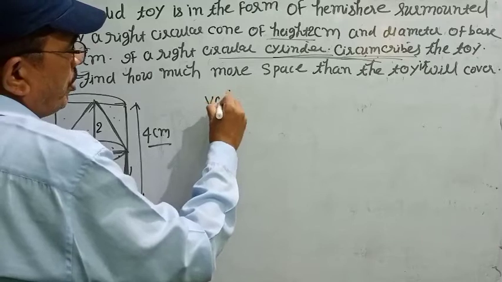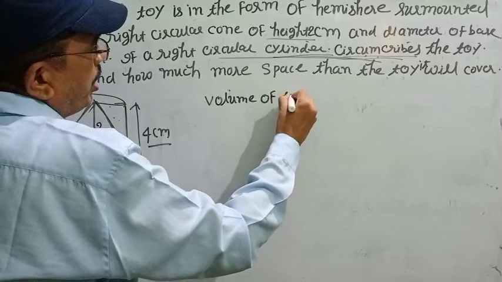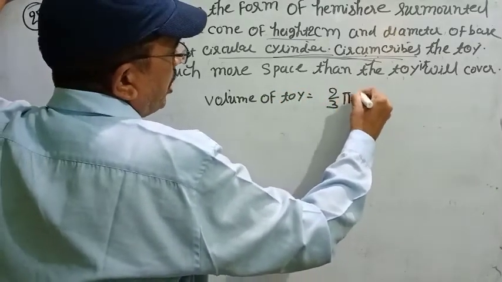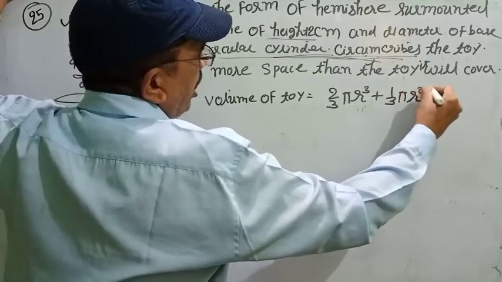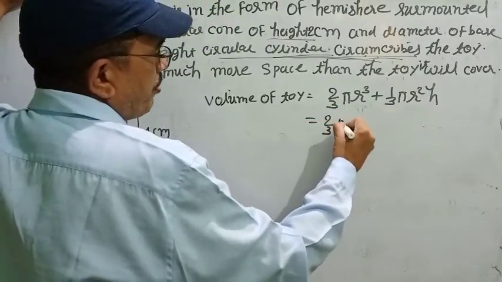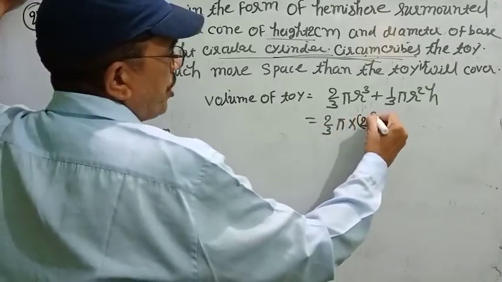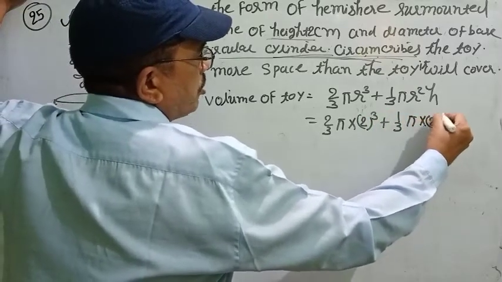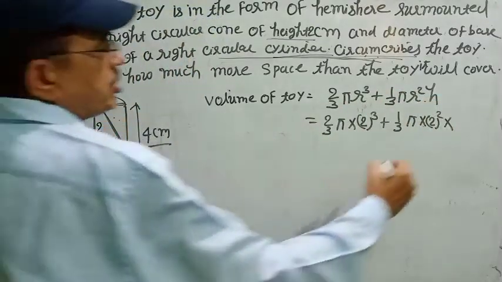Volume of toy is equal to 2 by 3 pi r cube plus 1 by 3 pi r square h. Here is 2 by 3 pi, r is 2, so it is 2 cube, plus 1 by 3 pi, r is 2 square and h is 2.